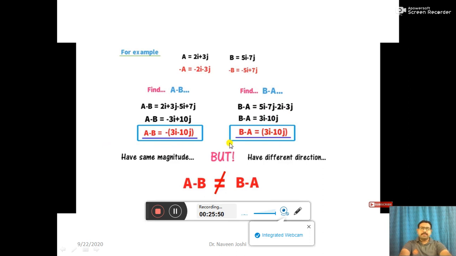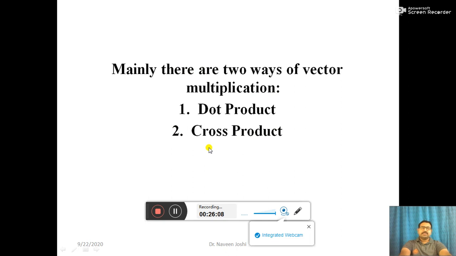If you compare A minus B and B minus A, A minus B is the negative of 3i minus 10j, while B minus A is just plus 3i minus 10j. Here we can clearly write that A minus B is not equal to B minus A. Therefore, vector subtraction does not satisfy the commutative law.